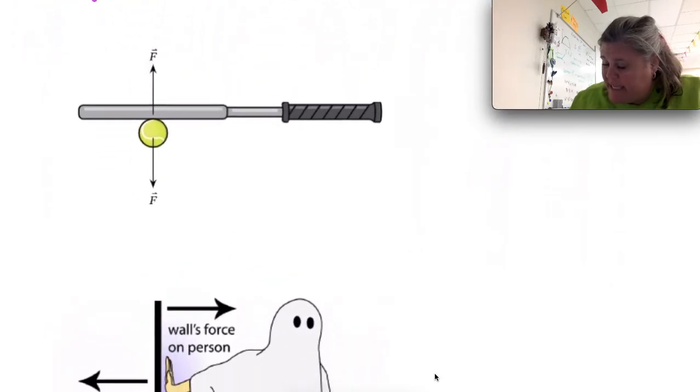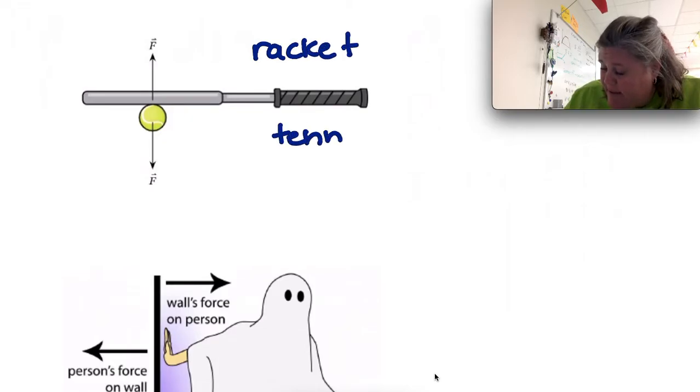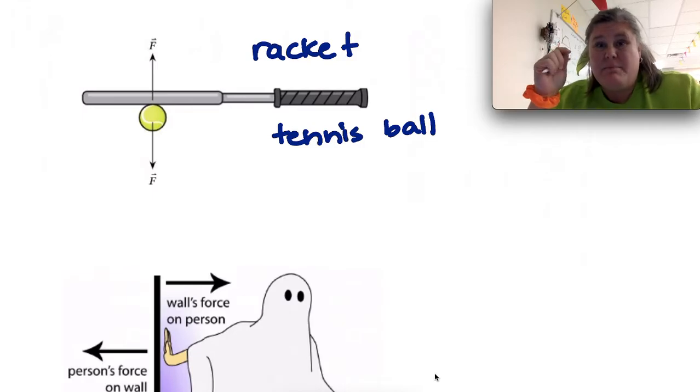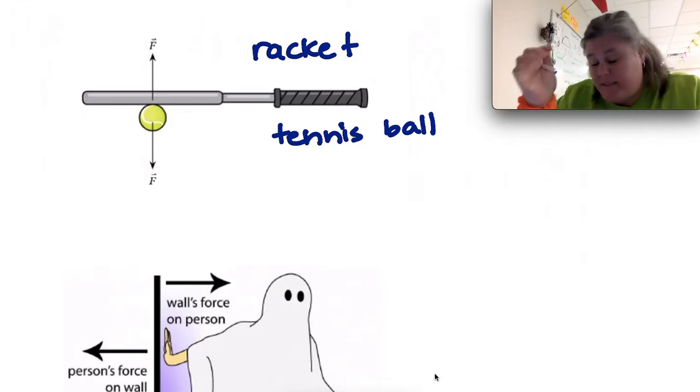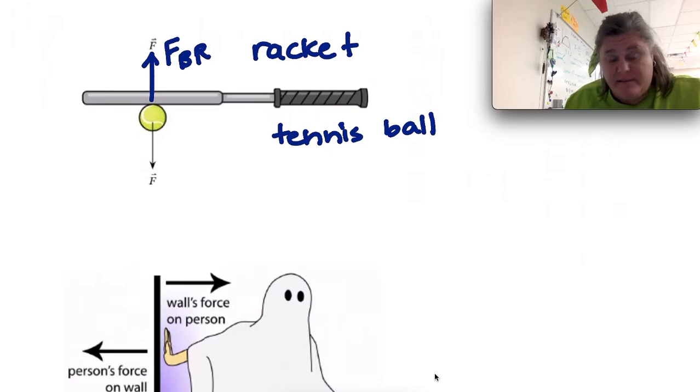Okay, so let's look at the tennis racket. So here we have the tennis racket, and then we have the tennis ball. So we're looking at the reaction and action, or the interaction between these two objects. So this is the force here of the ball on the racket.